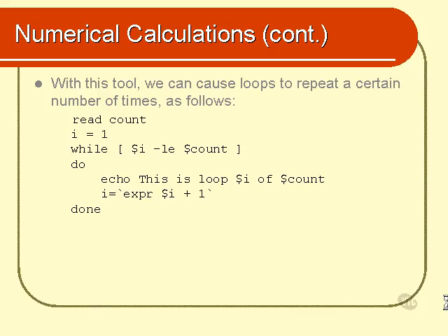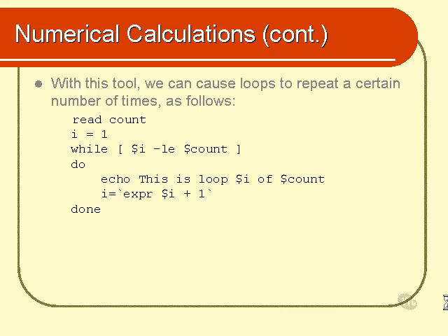And then the key part of this whole code snippet that you're looking at is the next line, which essentially says I equals I plus 1, but we have to do it in a rather complex way. As we saw before, we have to use expr $I plus 1 with the space around the plus.